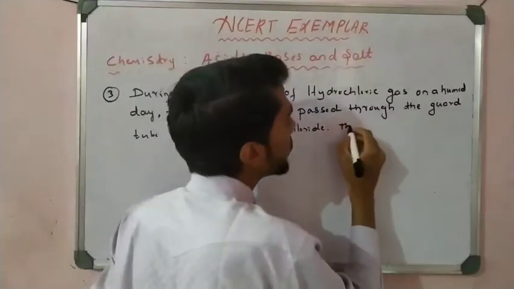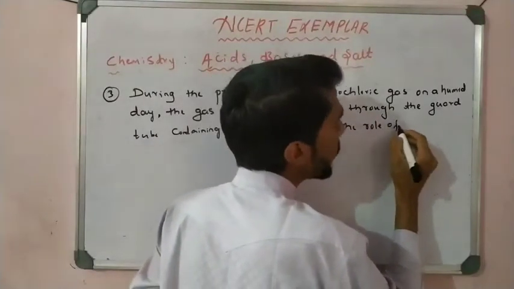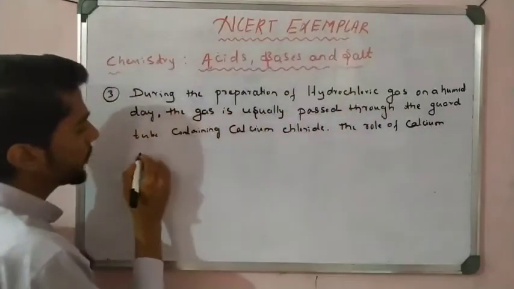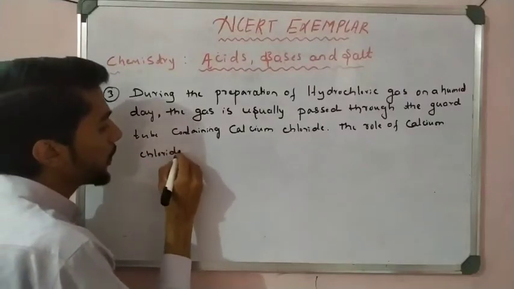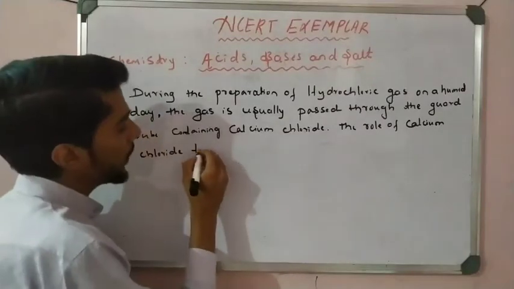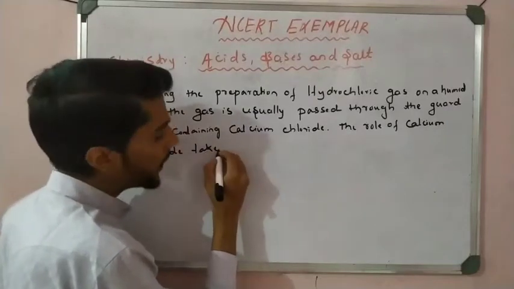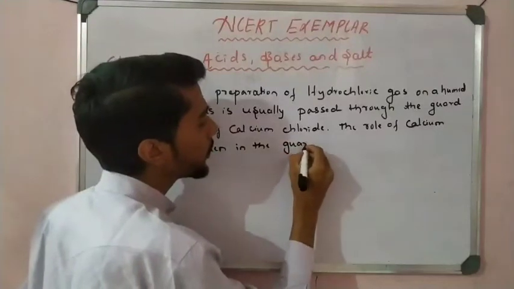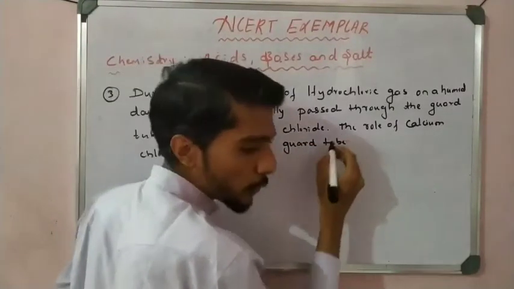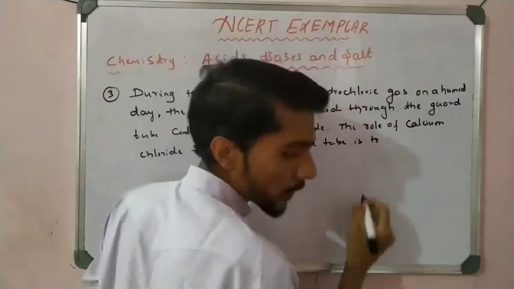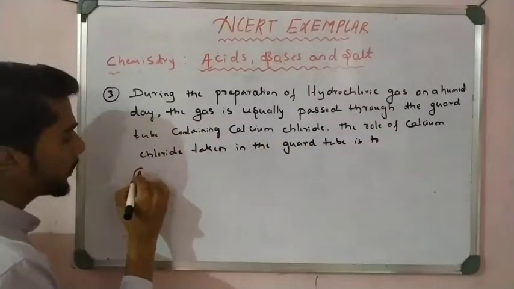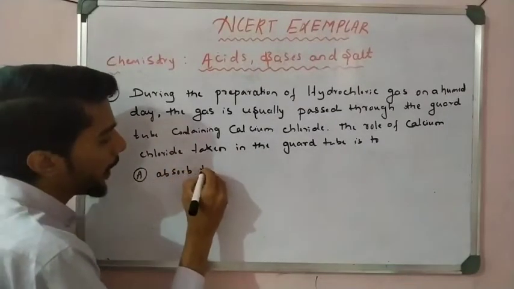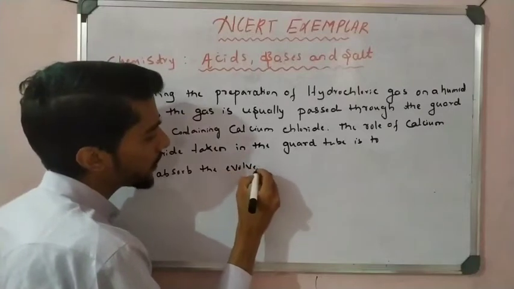The role of calcium chloride taken in the guard tube is to: option A, absorb the evolved gas, nothing but the liberated gas, evolved gas.